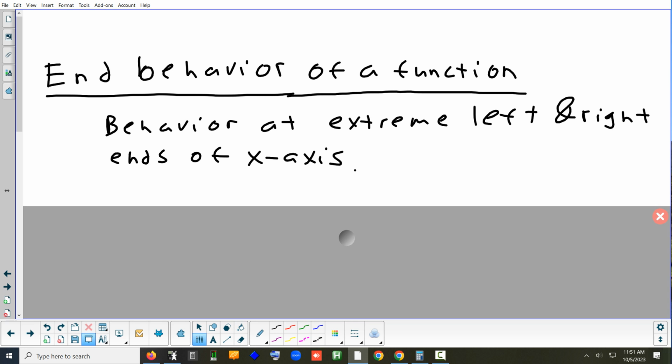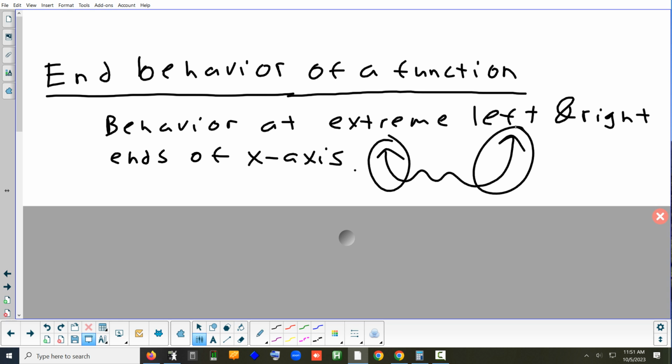Here's an example. So maybe that's a, how many turns? 1, 2, 3, 4. I took 5 turns there. So that could be a 6th degree polynomial. You could have 5 turns. The end behavior of this polynomial is up on the left, up on the right.